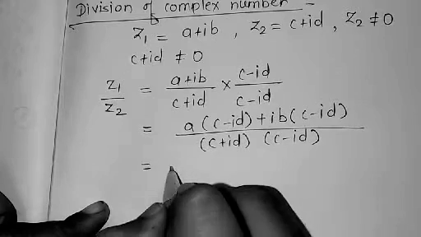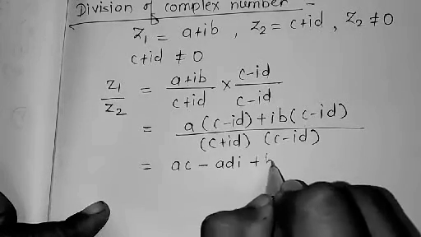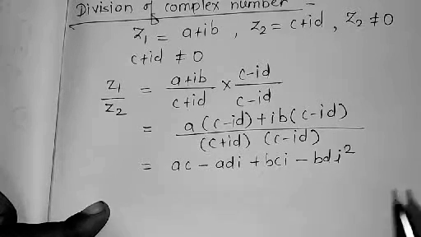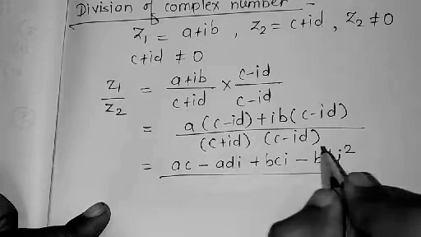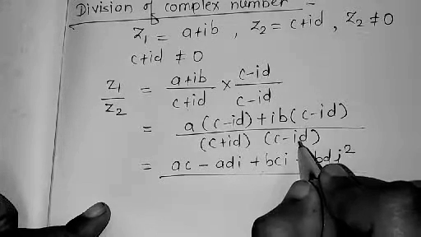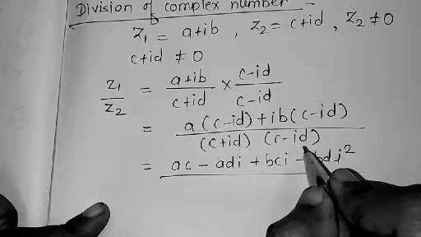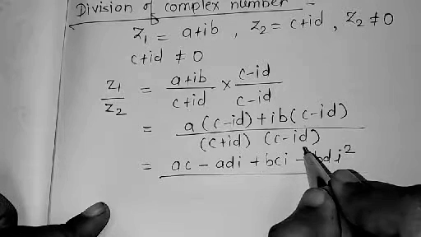Therefore we get ac minus adi plus bci minus bd iota square upon c plus id and c minus id, which represents the formula a square minus b square is equal to a plus b into a minus b.